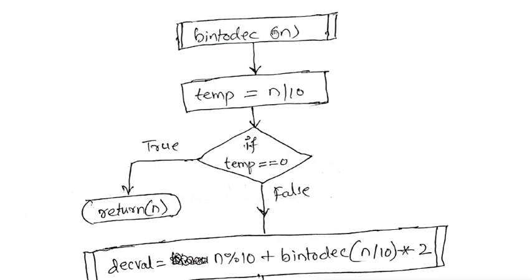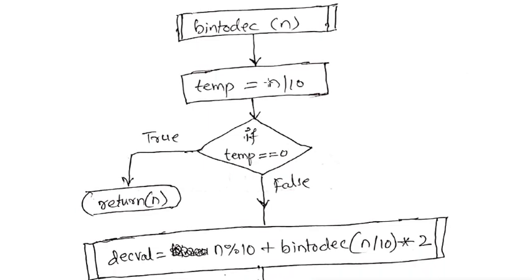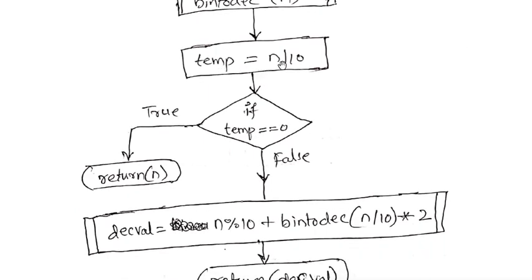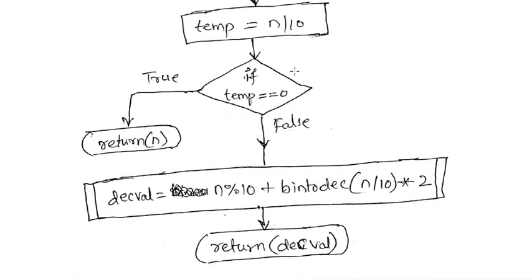This is the start of the function with the value of n. First thing it will do is calculate temp is equal to n divided by 10, and if that value is 0, then it will return the number itself. If this value is not 0, false, then it will make a recursive call. So decimal value is equal to n modulus 10 plus binary to decimal of n divided by 10 into 2. This is another recursive call with n divided by 10, and that will keep on calling recursively.